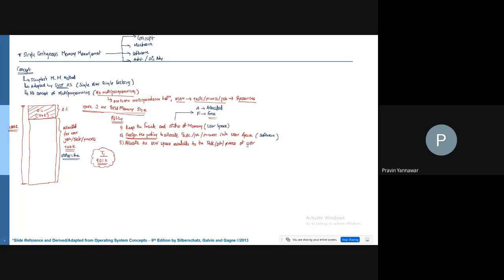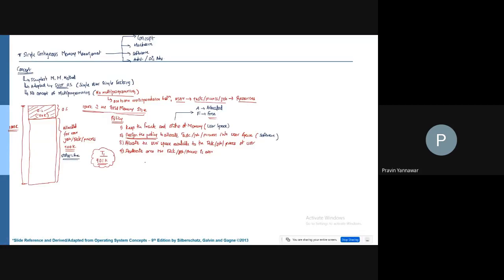Of whom? Of the user. Okay, and then the fourth important point is that if it has been allocated, then you need to deallocate once the task, job, or process is over.